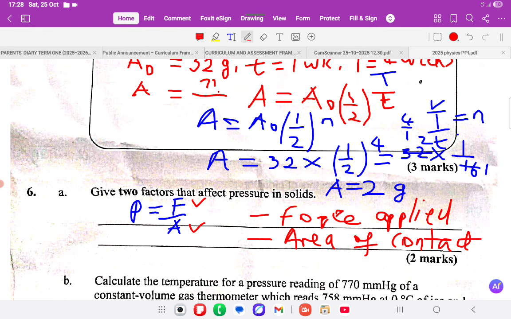Make sure you know all this so that in the future when you're asked to state them, you don't have problems. Or if they ask for one, just pick any one of them. Or a question can come in a crafty way, like to say, apart from force, state another factor that affects pressure in solids. So you say area of contact. All right, so far so good.